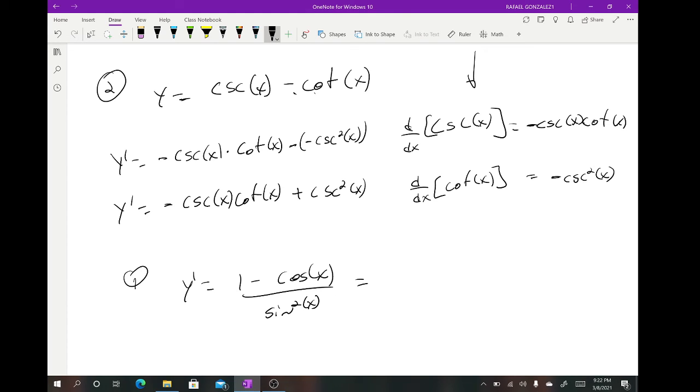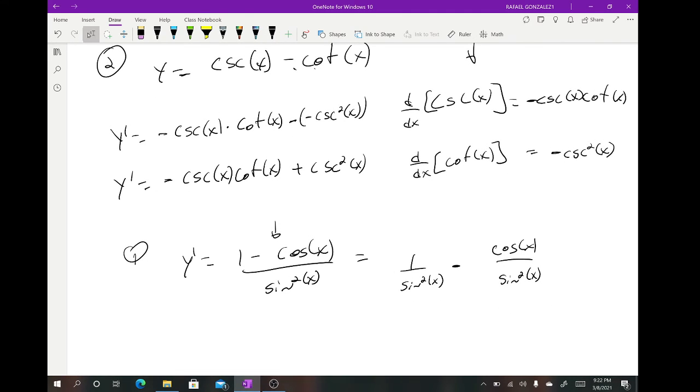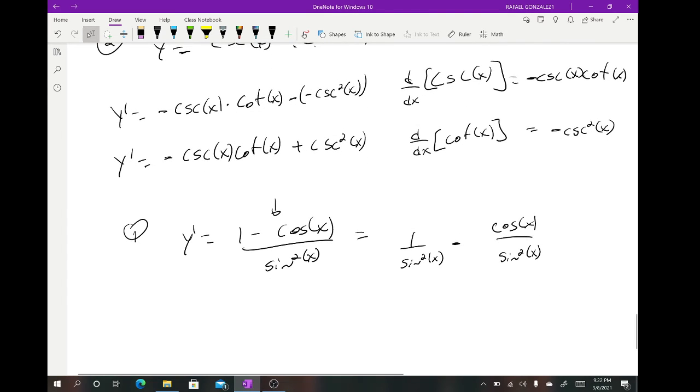Well, if we write it as 1 over sine square x, meaning if we break up this fraction, and then minus cosine of x over sine square x, then we'll be able to actually see it. So let's see.